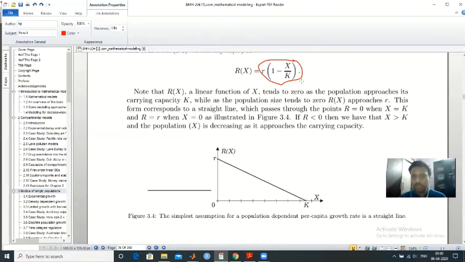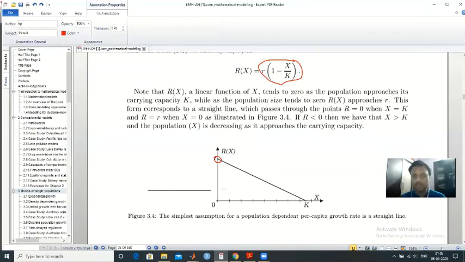Second scenario, if x is 0, then this quantity will become 0, so 1 minus 0 is 1. In that case, Rx will be the growth rate of the simple model. It means in this case, capital Rx will simply become beta minus alpha.